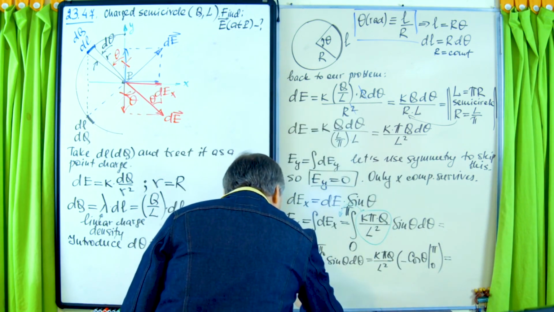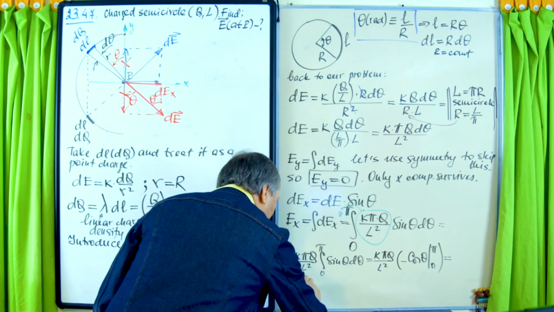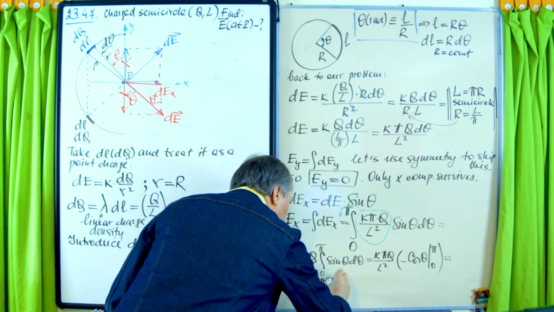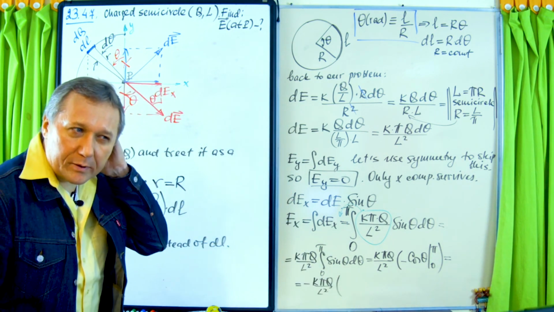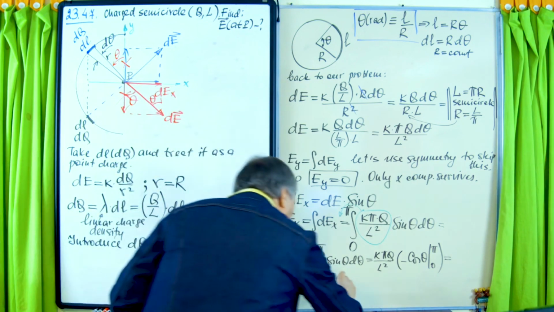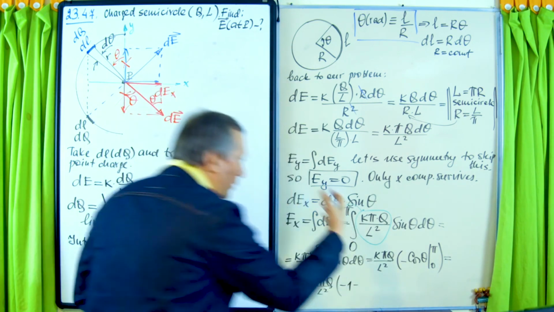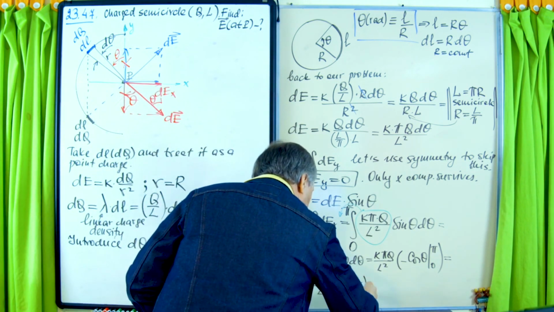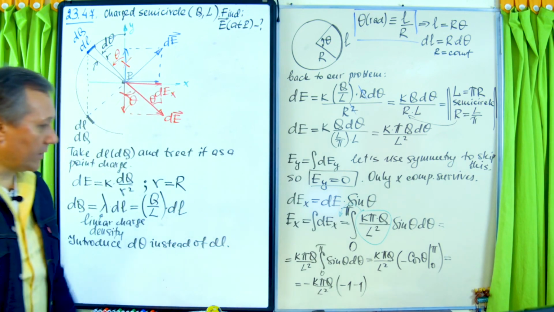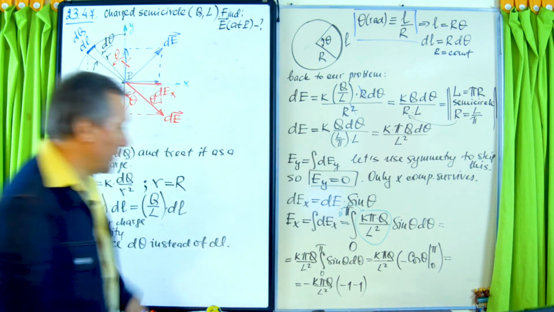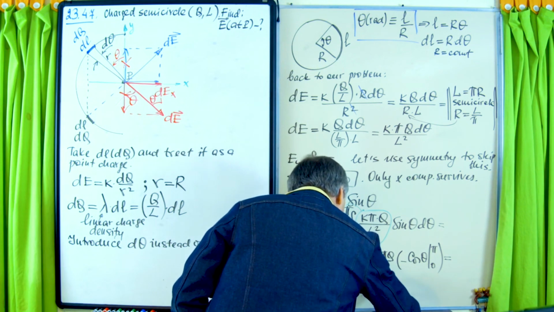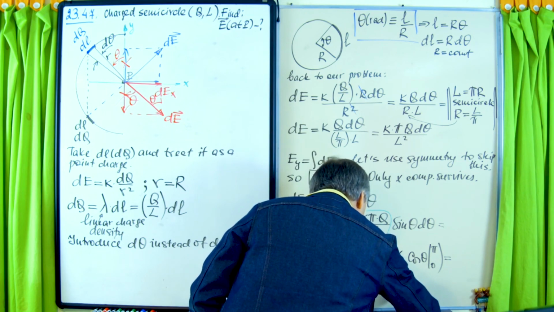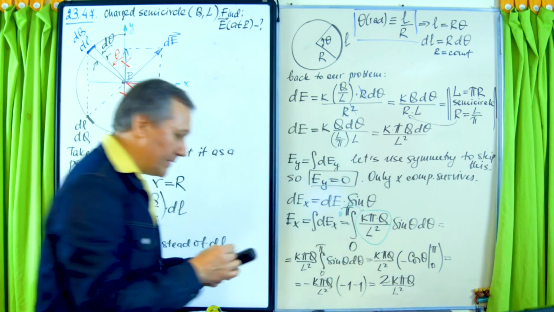Cosine of pi, the upper limit, is minus 1, and minus cosine of 0 is minus 1. The minuses disappear, and we get the answer at the end of the class: 2k pi q over L squared. So that's the answer.